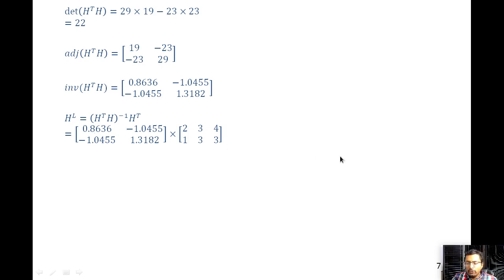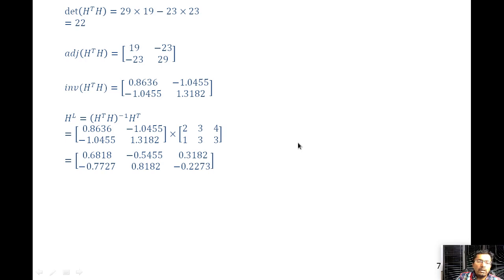Again, if you have a scientific calculator, which I highly recommend, you can get this value, and this comes to 0.6818, and this is minus 0.5455, 0.3182, 0.3182, 0.7727, 0.8187, minus 0.2273. So this is the pseudo left inverse.